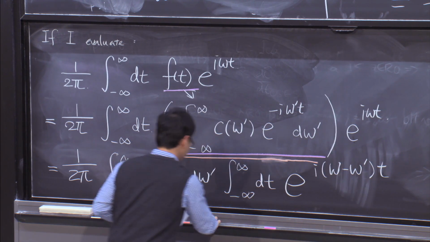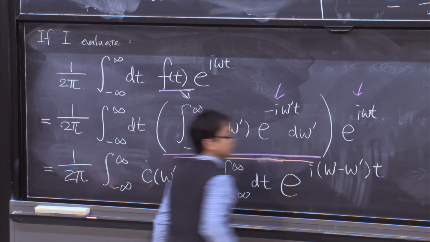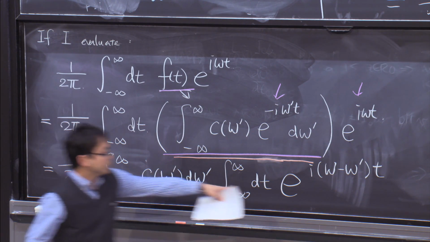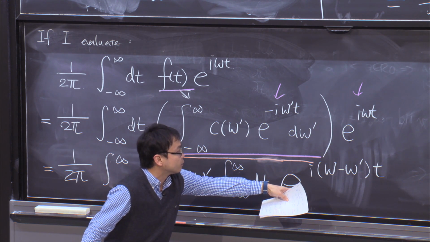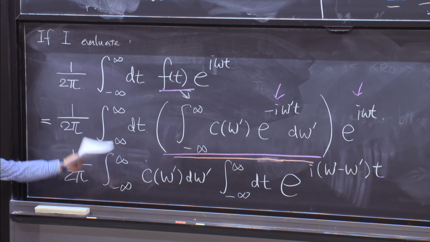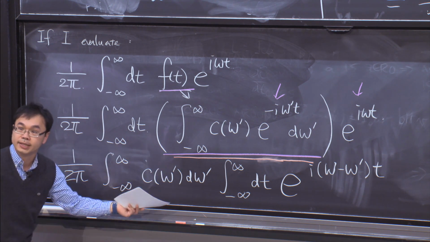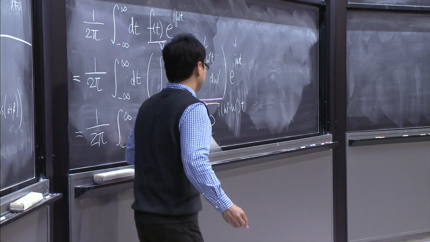So basically, I'm collecting these two terms together, and they become exponential i(omega minus omega prime)t. No magic happened, I'm just rewriting and rearranging things from this formula to that formula.